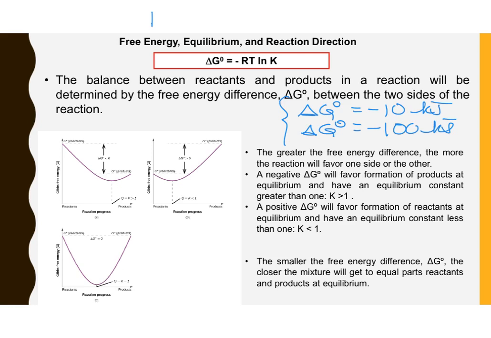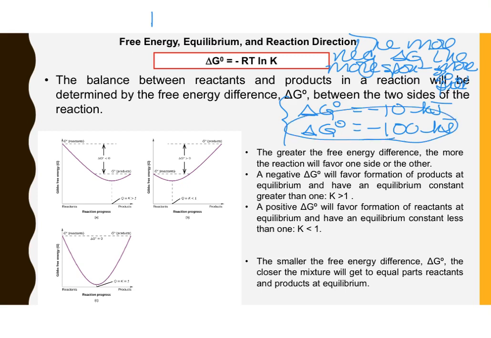The more negative delta G, the more spontaneous, which is simply another way of saying more products. A larger percent of products will be formed. So the more negative delta G is, the more product favored it is, and the closer the equilibrium will be to the product side.